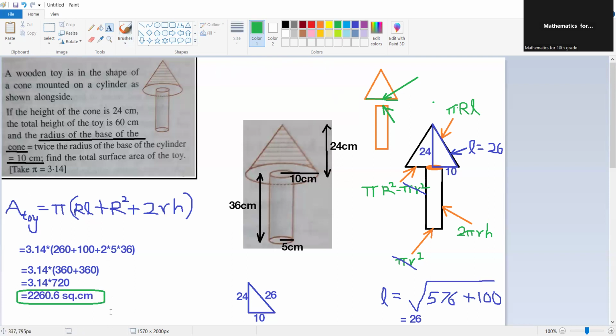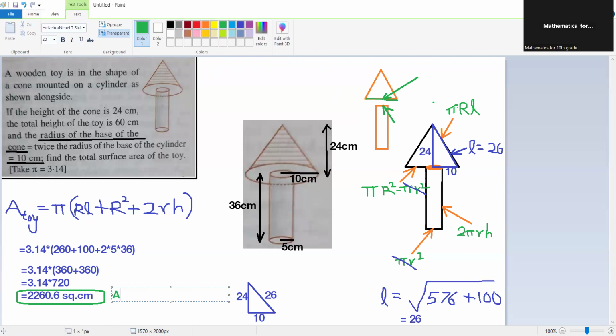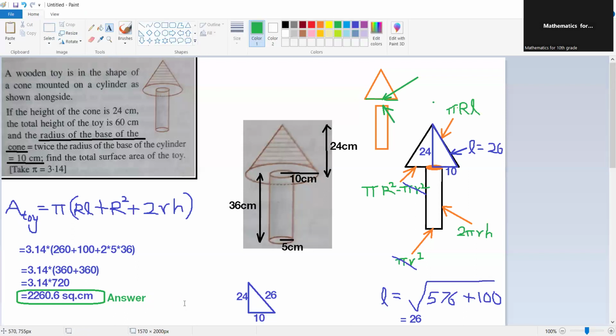I'll just write the answer. So 3.14 into 720 would be 2260.8.